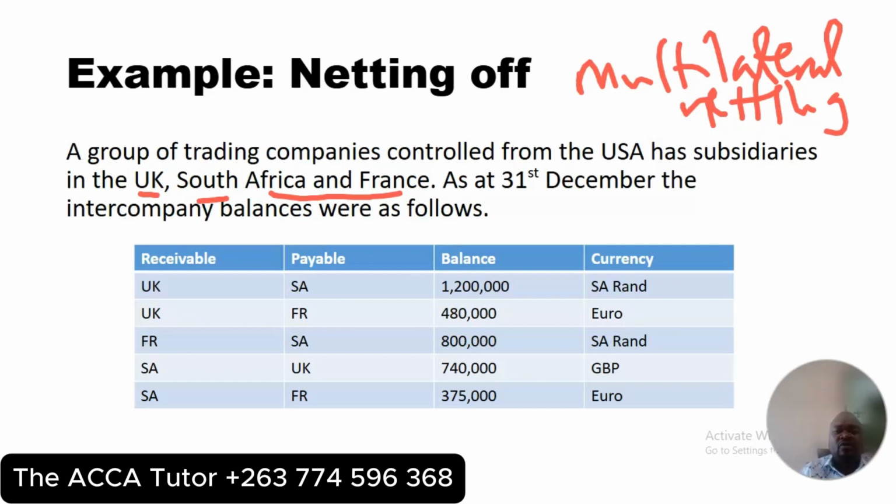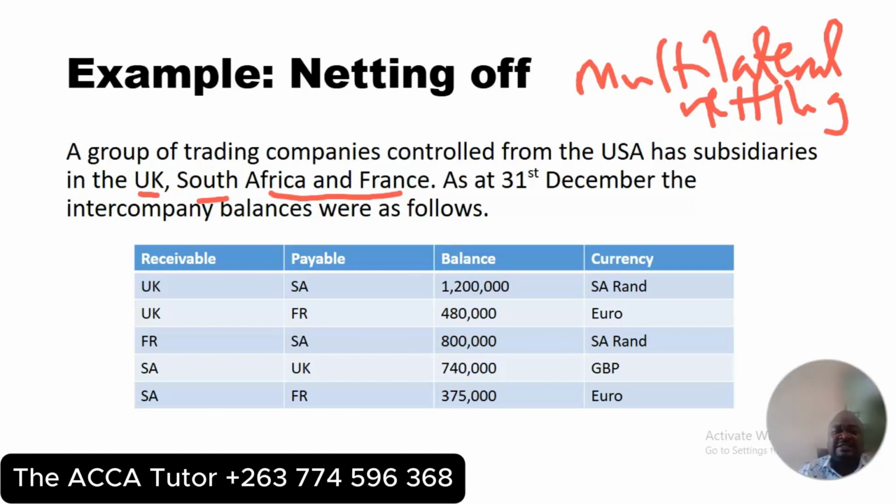So this is the typical table you are likely going to face in your examination. We have the receivables column, the payables column, the balances, and the currency.